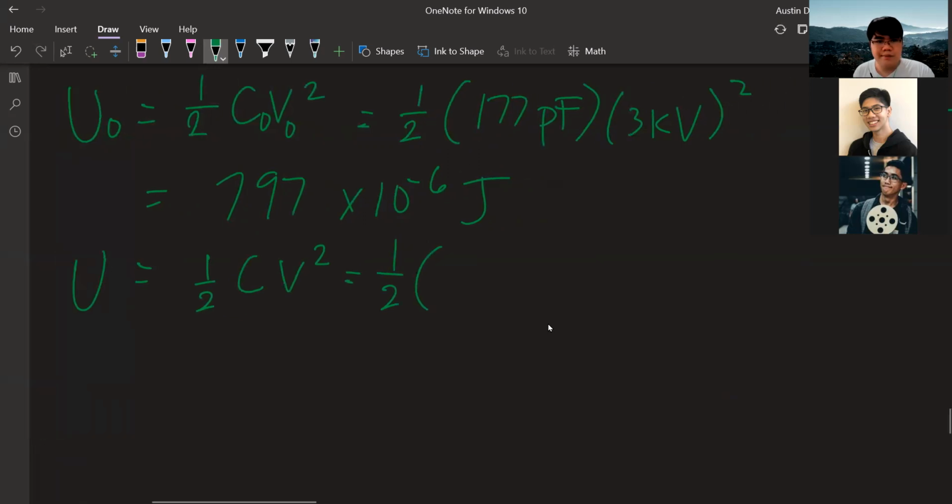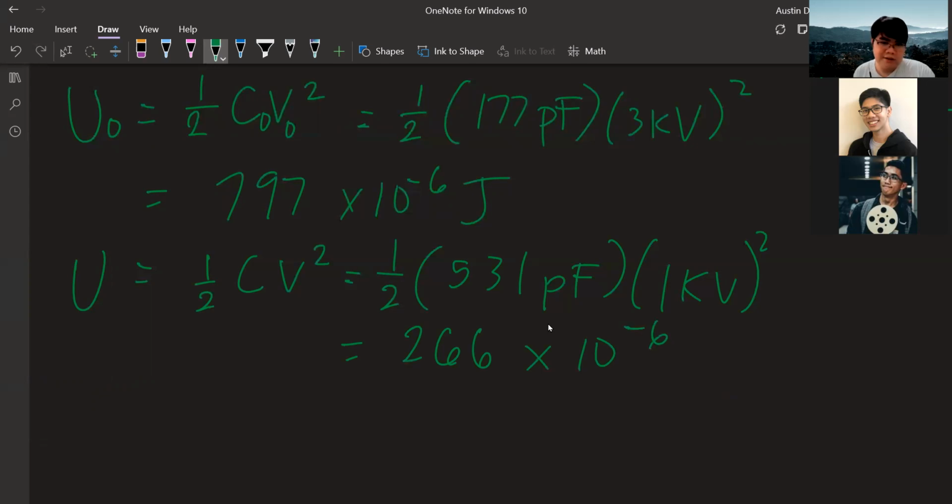So dito 531 picofarads yung kanina, then 1 kilovolt yung potential, 266 times 10 to the negative 6 joules. Okay, so that is your new energy.